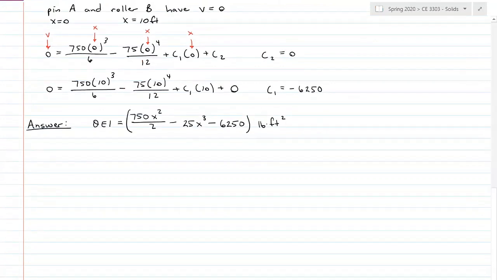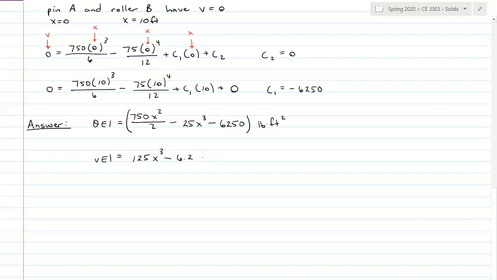And then my vertical deviation, EI, why'd I put that in parentheses? I didn't do the other one. vEI is equal to 750 divided by 6. So this is 125. Yeah, x cubed minus 25 divided by 4. 6.25.